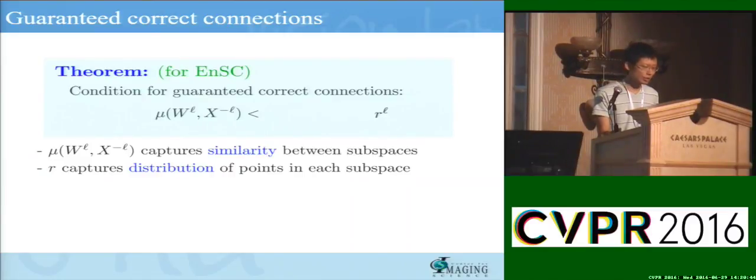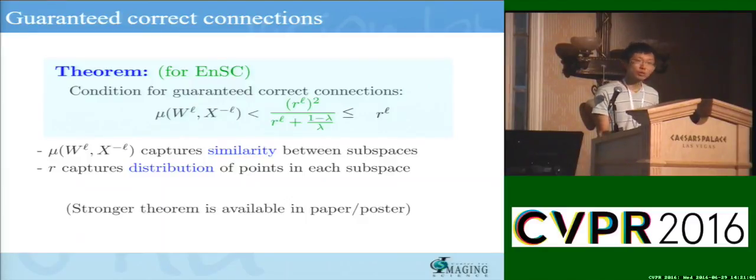It turns out that the condition for elastic net subspace clustering of this talk is slightly different, in the sense that the right-hand side is a function of both r, the inradius, as well as the parameter lambda. Especially if lambda equals 1, then the right-hand side reduces to r, which reduces to the condition of the SSE. All right.